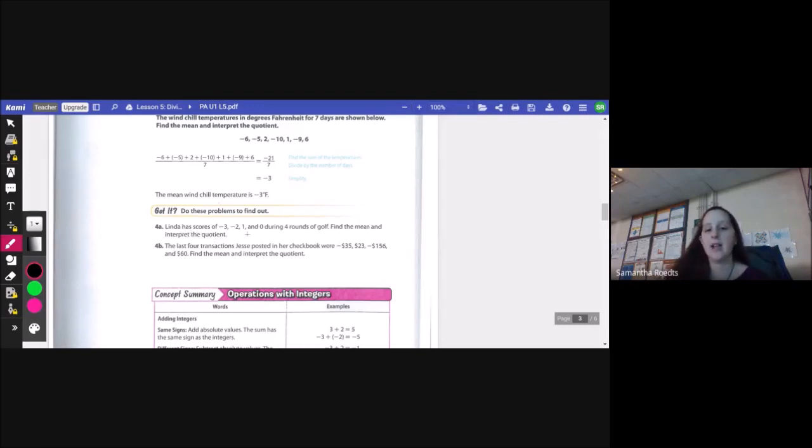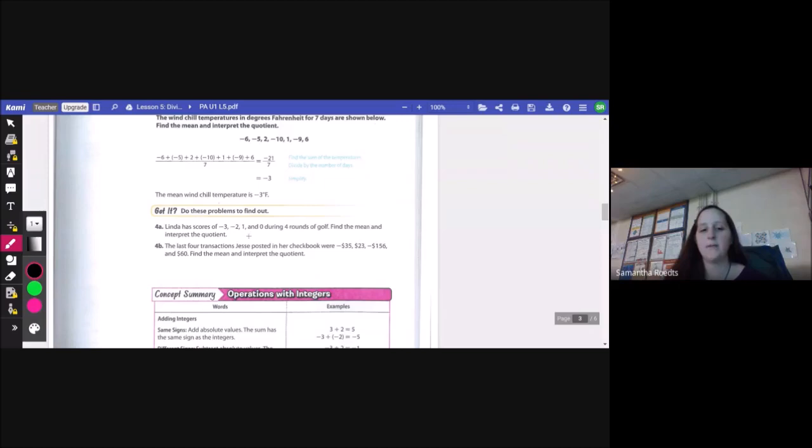All right, so let's try it. Linda has scores of negative 3, negative 2, 1, 0, and 4 during 4 rounds of golf. I want to find the mean and interpret the quotient. So there's 4 rounds, so I'm going to add them together. Negative 3 plus negative 2 plus 1 plus 0 is negative 4.